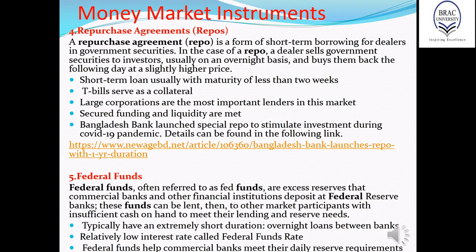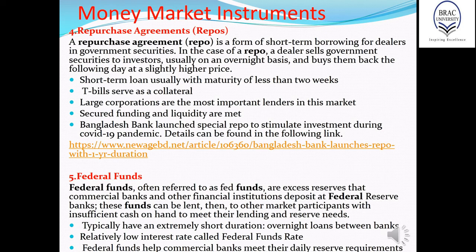And this is the rate that is usually fixed by the central bank, and there is a minimum federal fund rate under which a bank cannot be charged. So this federal funding system enables private banks to still maintain their reserve requirements if they fall short of those requirements.